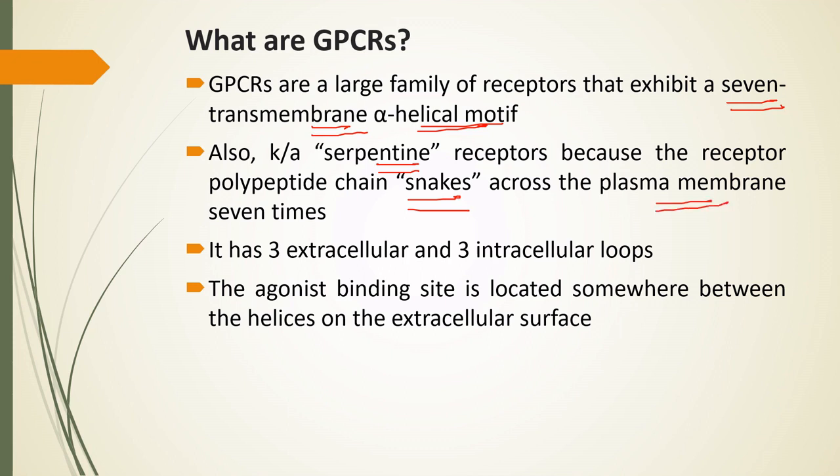And how many times does it cross? It crosses the plasma membrane 7 times. This receptor has 3 extracellular and 3 intracellular loops. And the agonist binding site is located somewhere between the helices on the extracellular surface.